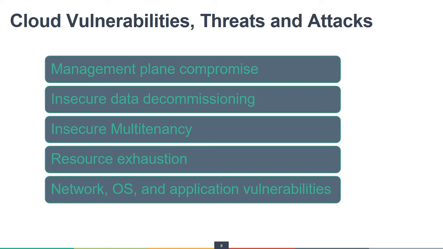But the management plane is the most valuable attack target and the highest source of risk in the cloud environment, because if it is compromised, then it is highly likely that you will lose almost everything, because the management plane is made available to the customers through internet-facing APIs.